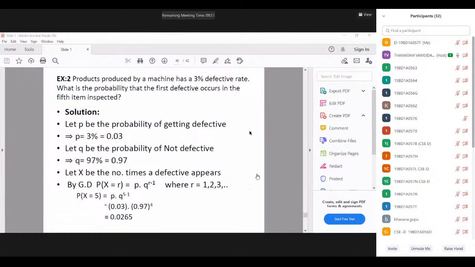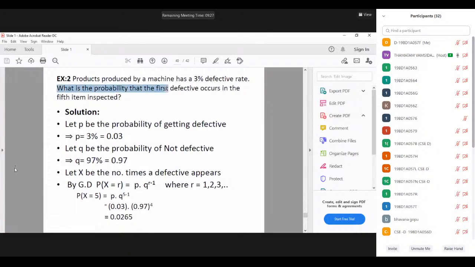And let capital X be the number of times a defective appears. Once all of you read that question, you can take the X value. What is the question?